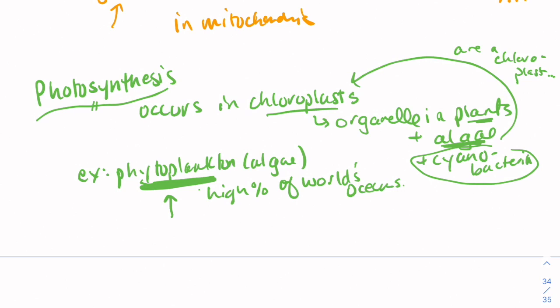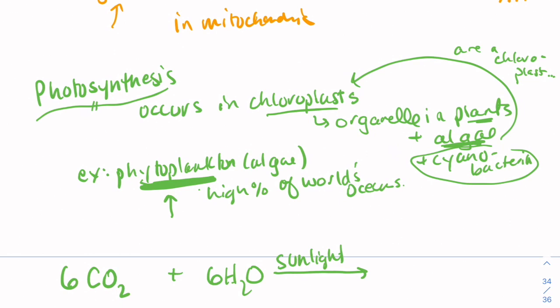The overall chemical reaction for photosynthesis looks like this. 6 molecules of CO2, and this doesn't happen all at once, but eventually 6 water molecules get consumed, and in the presence of sunlight, plants can use the CO2 to make a sugar molecule, this is glucose, and spit out 6 molecules of oxygen.